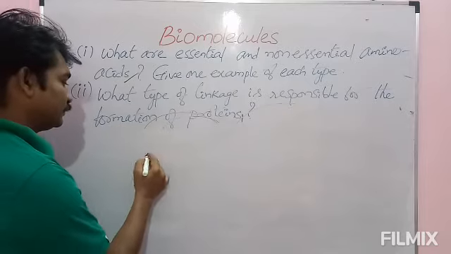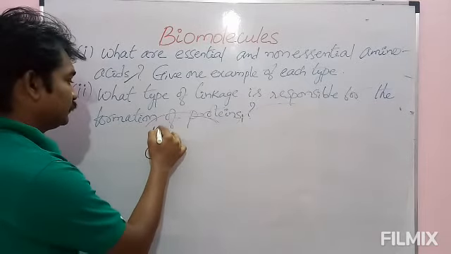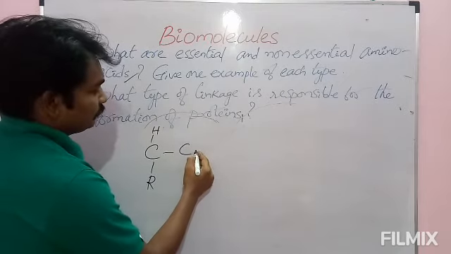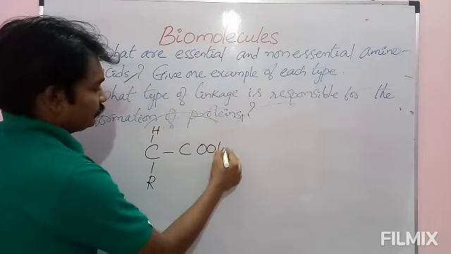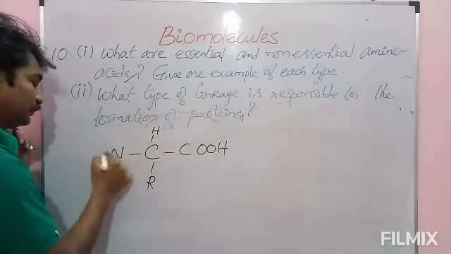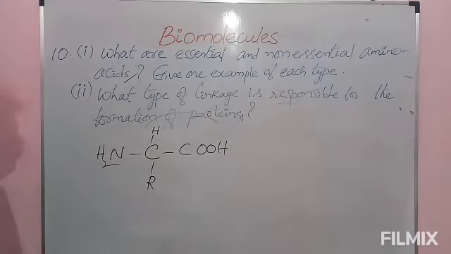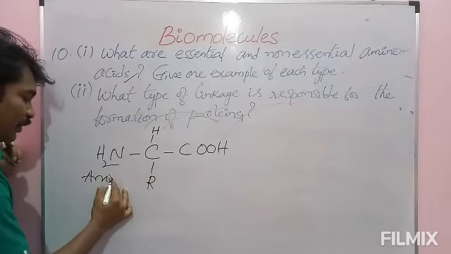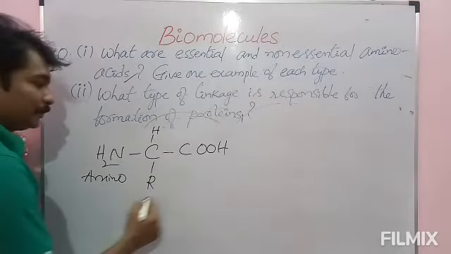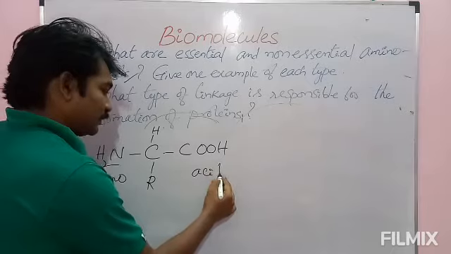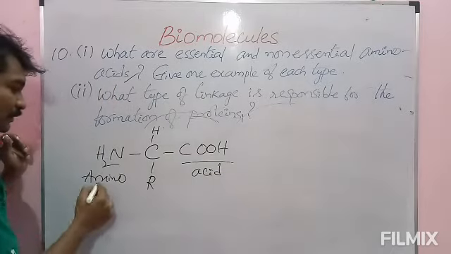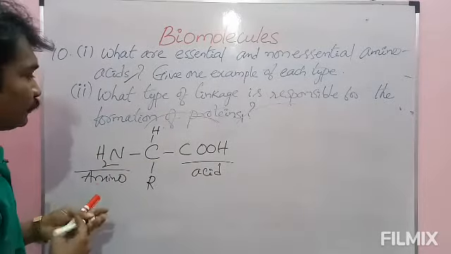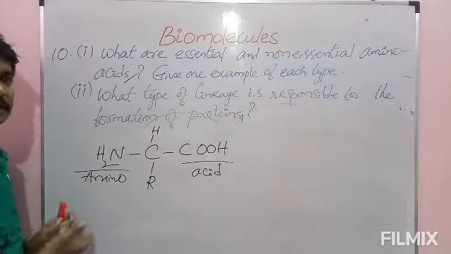This is the amino part of the amino acid. This is the acid part. Carboxylic acid and amine group, these two are present in an amino acid. This is a single unit.